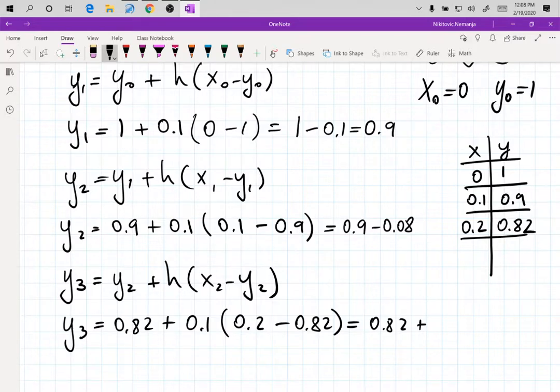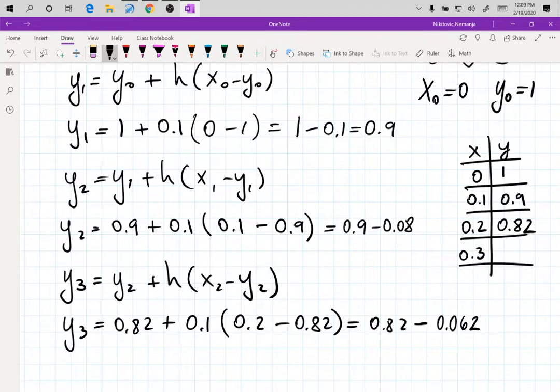That's negative 0.62, so negative 0.062, right? Let's say it's good. So 0.3 when you advance your x, and 0.88. Wait, why is it positive? Exactly. It should be negative.